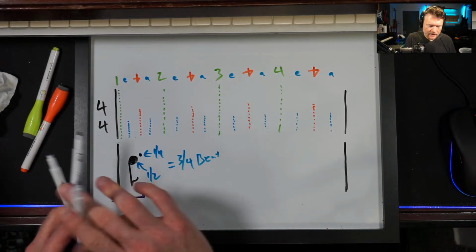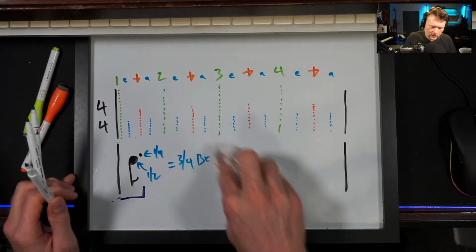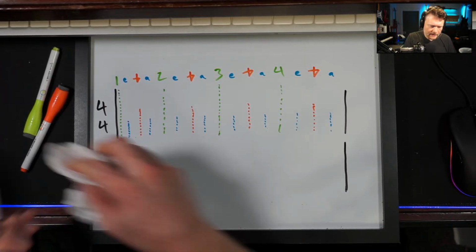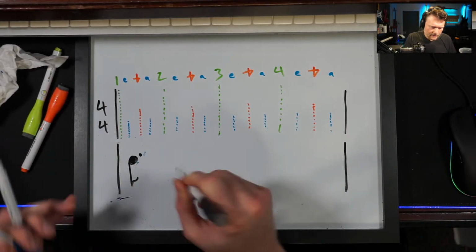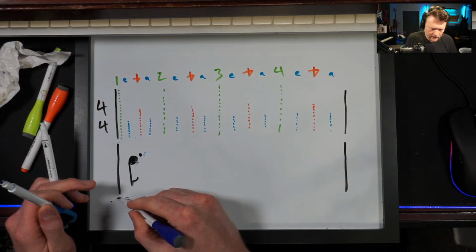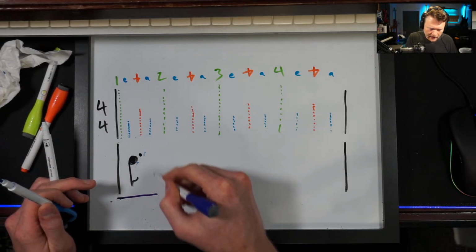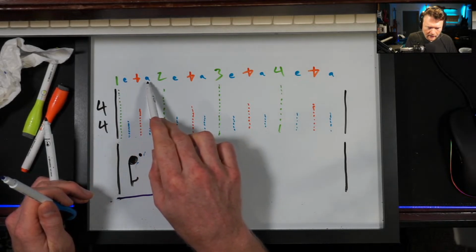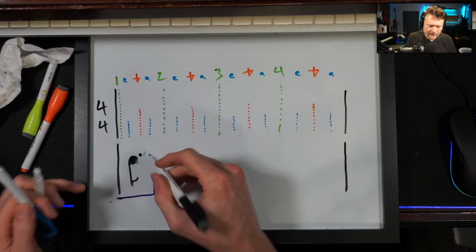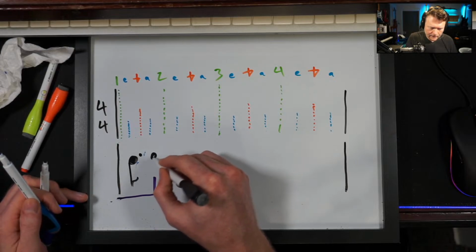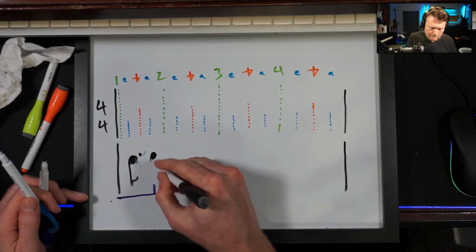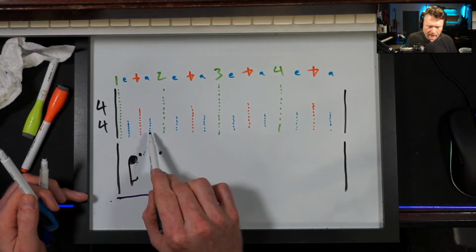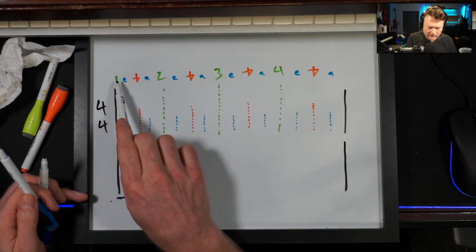Okay. So what that looks like in the real world is this lasting here. It's going 1 e and a. If I had another one of these right here, like that, this would be 1 e and, so that's the duration of this.